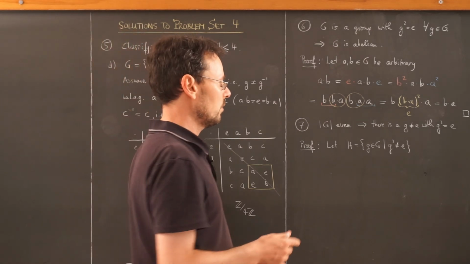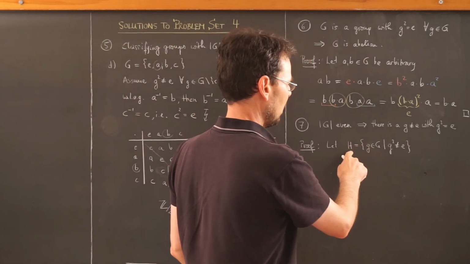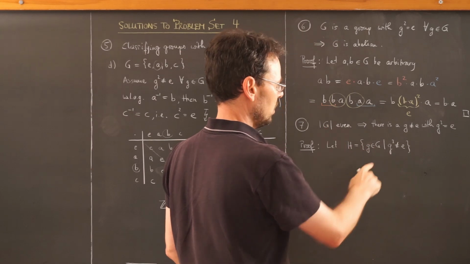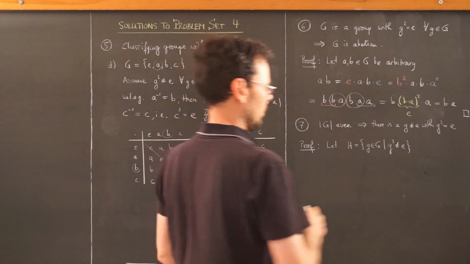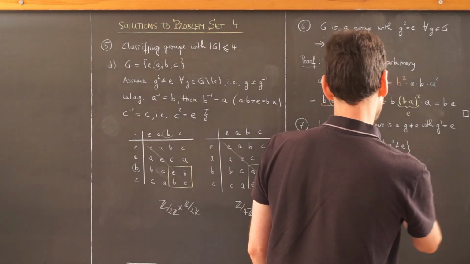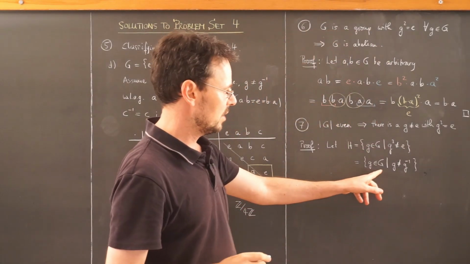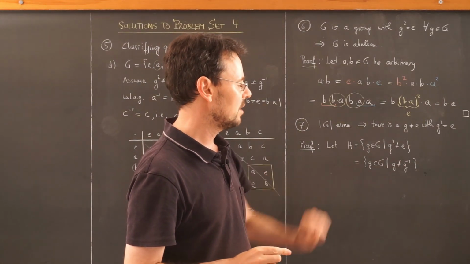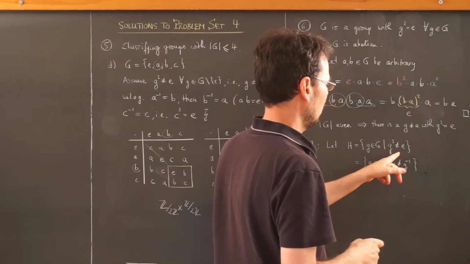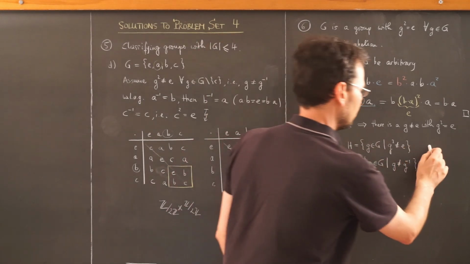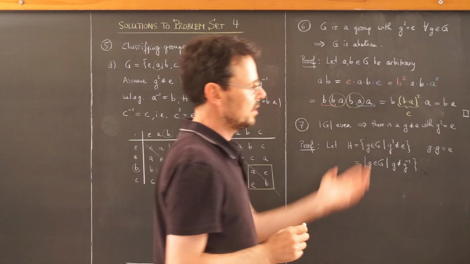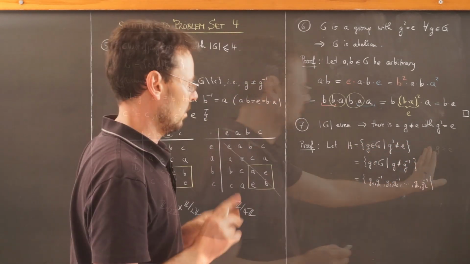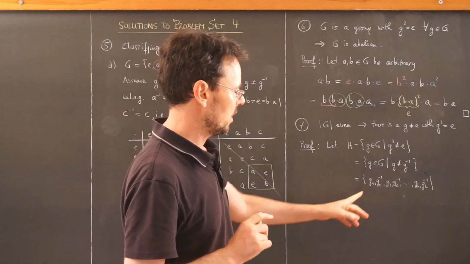For the proof we follow the hint. First we take this subset H of G, all the elements that do not satisfy this. And those are exactly those elements that are not equal to their inverses, right? Because G squared is G times G, and if this is equal to E, then G is its own inverse. Okay, now comes the important idea.